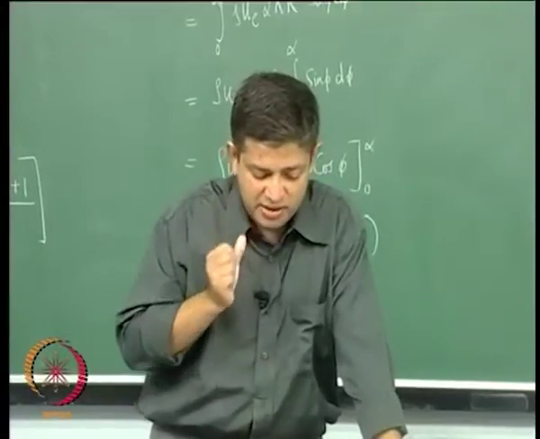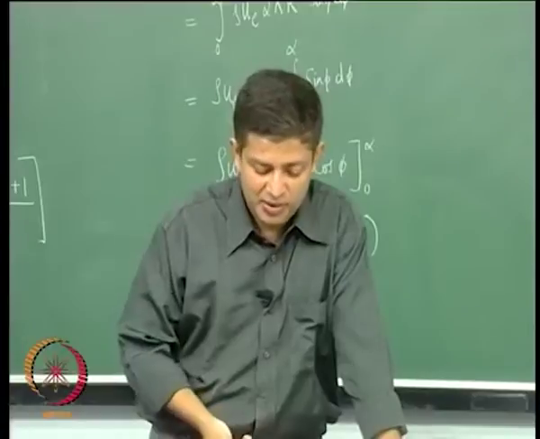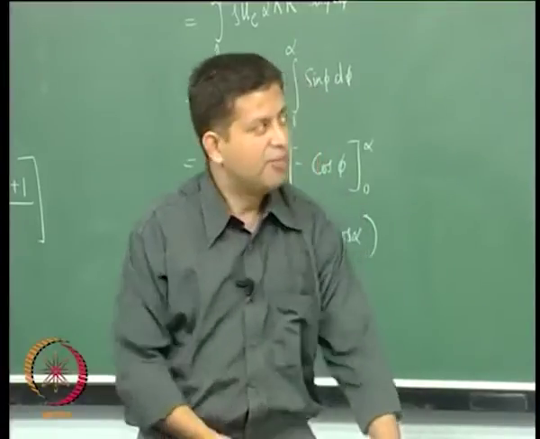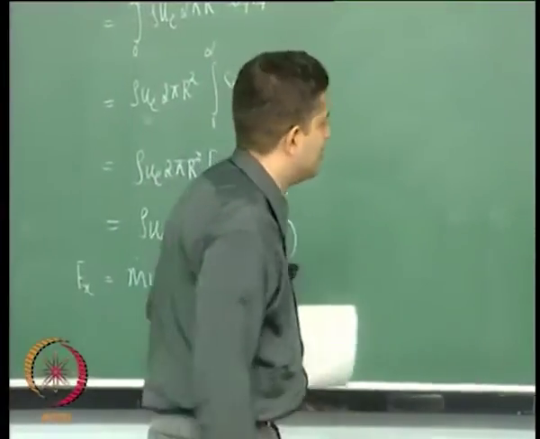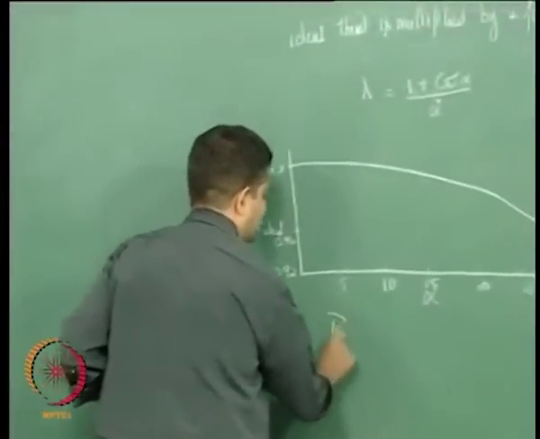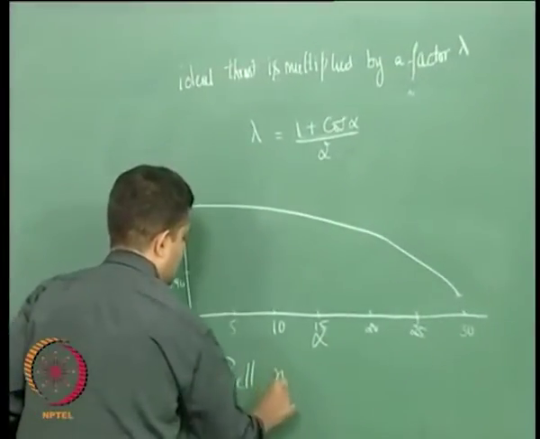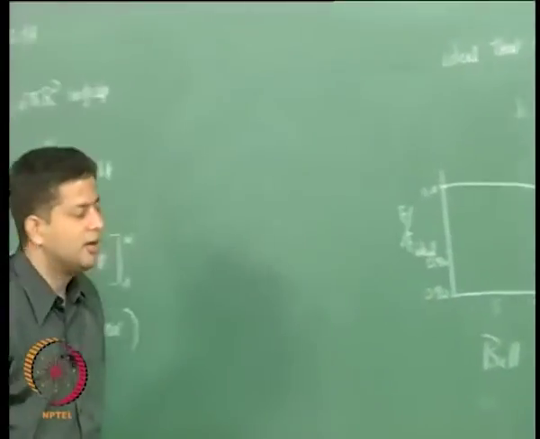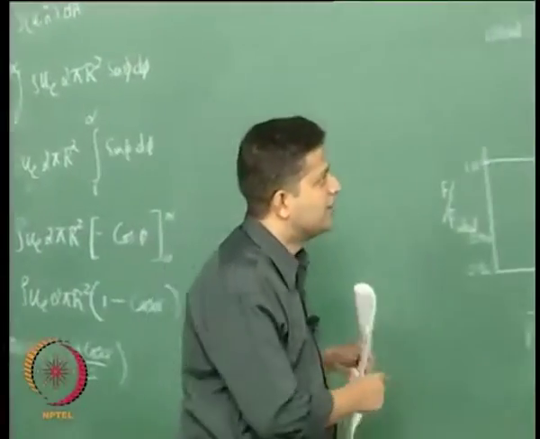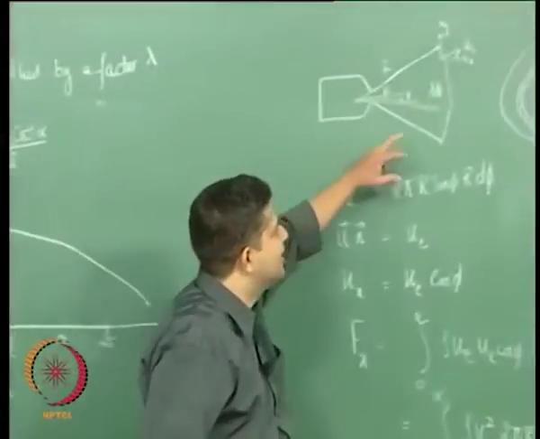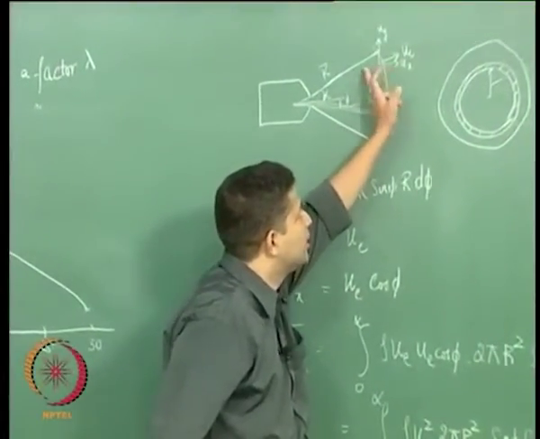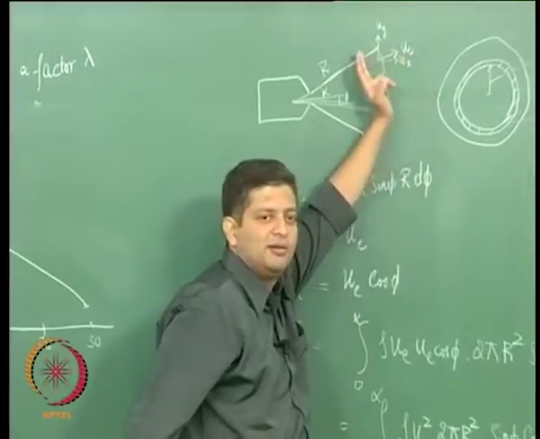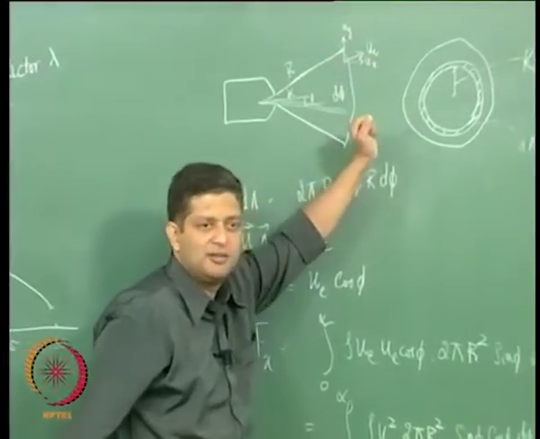So, how do we do this is something that was thought about long back, and people came up with a concept known as bell nozzle. Now, if you look at this figure, what we are saying is you will get a component only in the x direction, right.